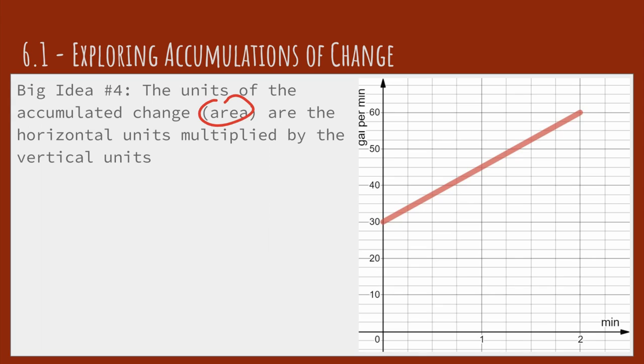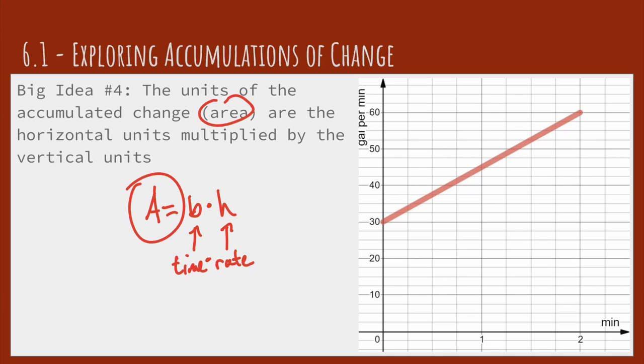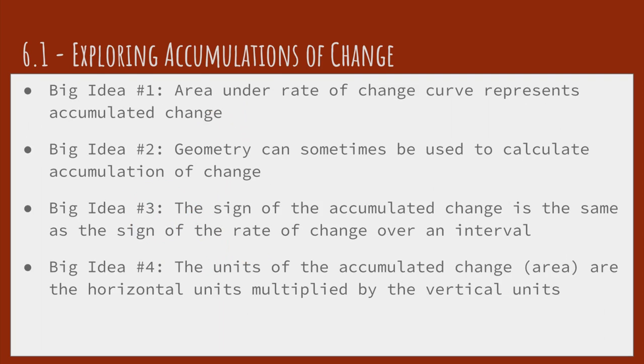In fact, we're going to use lots of rectangles for finding areas. And when we find the area of a rectangle, it's going to be base times height. Well, the base is going to have units and the height is going to have units. This is going to be our rate. This is going to be our time. And so the time units times the rate units will give us the units on our area, which is the units for our accumulated change.